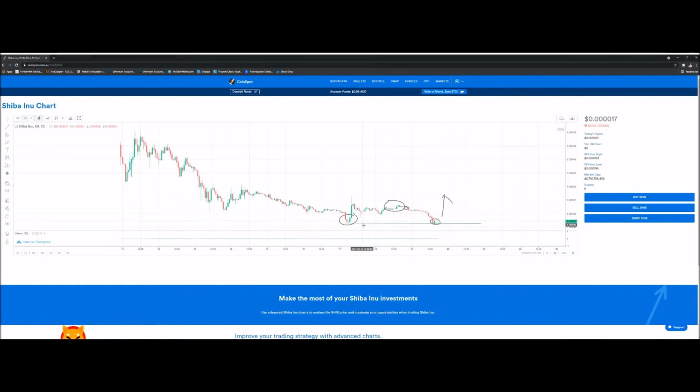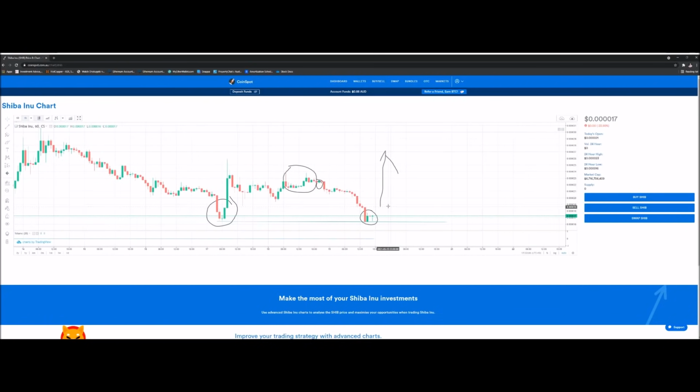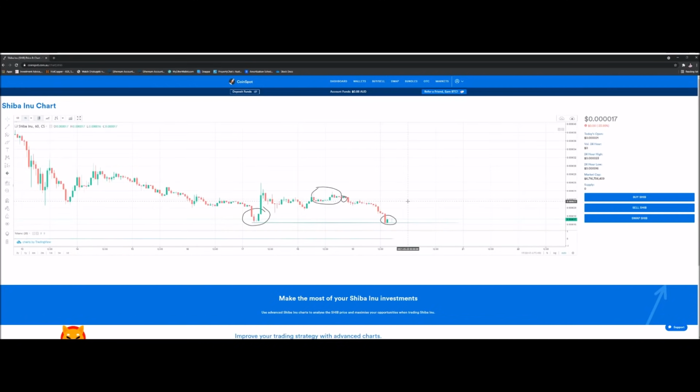Now, if we have the double bottom scenario where the price effectively increases, what could we see then? Well, this is where things get exciting, and fingers crossed this does happen, but we are going to see once again this 22 range be tested, because what happens is when you have a point of support that is broken, that then becomes the new resistance.